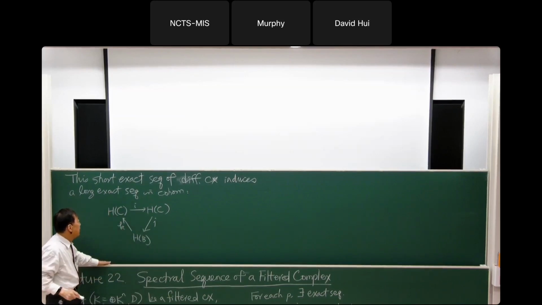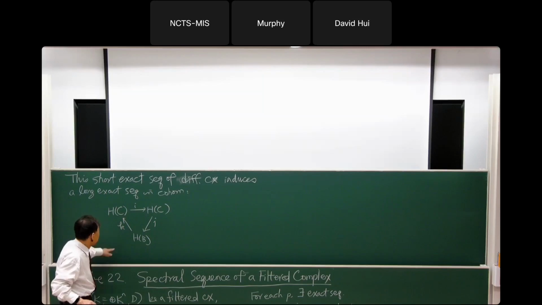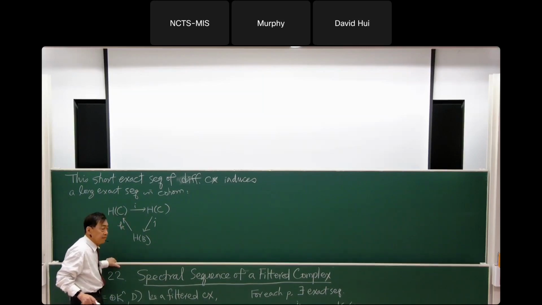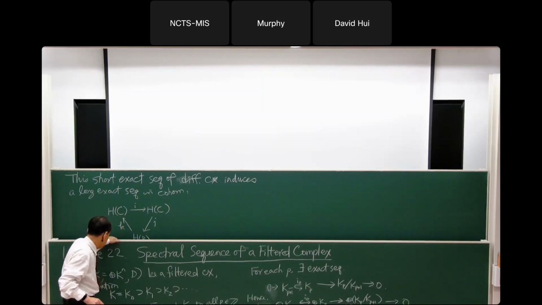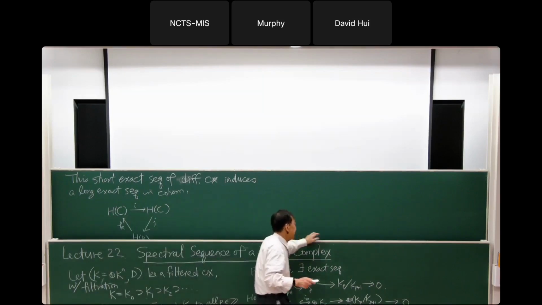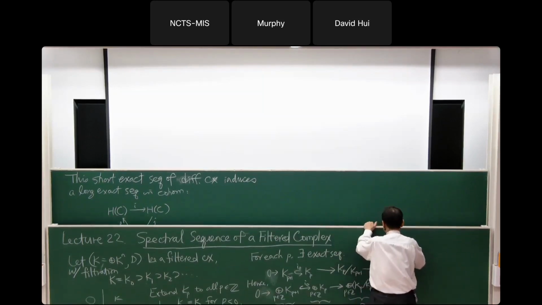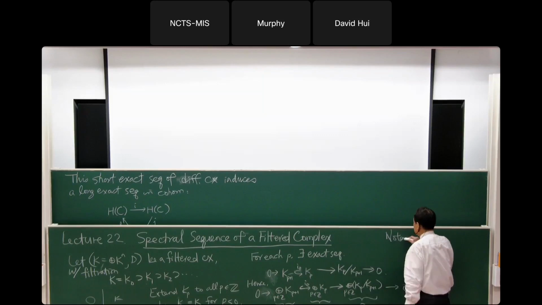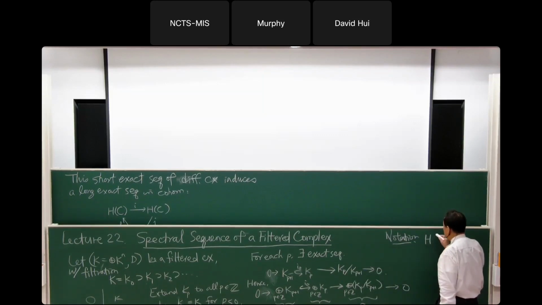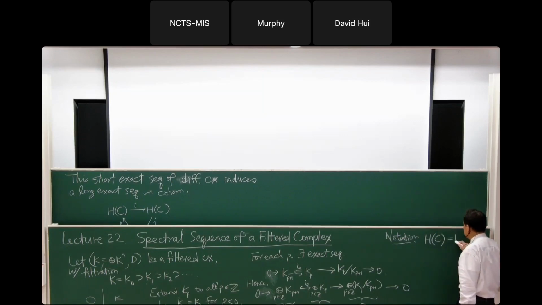And this is an exact couple. I'm writing HC instead of H_D of C; this is just a simplified notation. H of C is H_D of C.